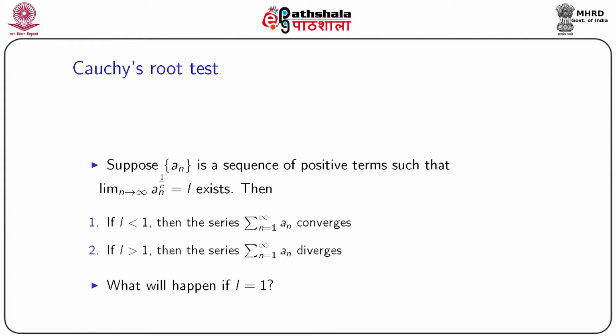If L is greater than 1, the series diverges. This test, just like D'Alembert's ratio test, keeps silent in the case L equals 1. After knowing these three tests, now we will check the convergence of a few series as examples.